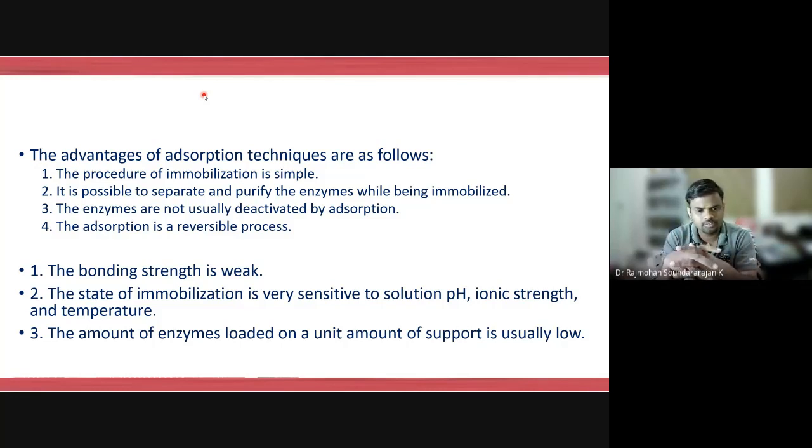That's why it's very sensitive to changes and cannot handle extreme conditions. And with chemical bonding, the amount of enzyme attached per unit mass of support will be more. In comparison, in adsorption, the amount of enzyme loaded on a unit mass of support is going to be low.